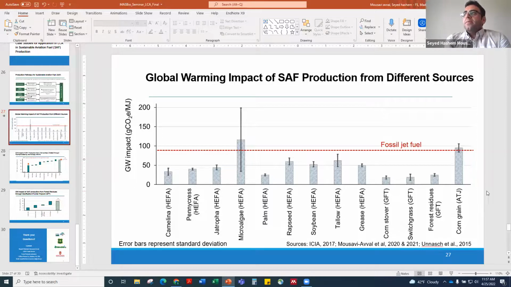But other than that, if we want to compare, for example, environmental impacts or GW impact of SAF production from oil-based feedstock, there are some reports provided by national labs, for example, NREL. They have provided a range of results for GW impact or other impact categories.